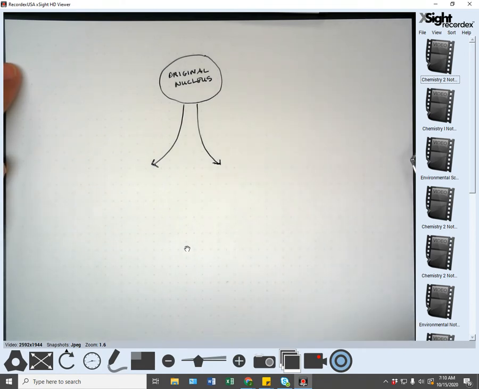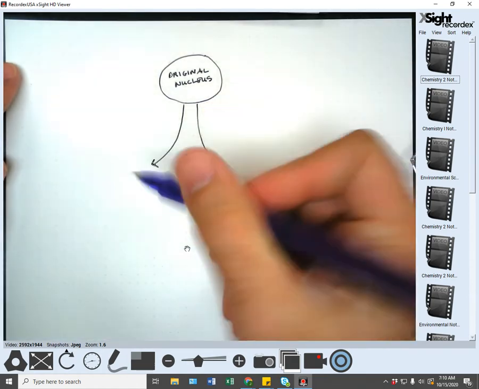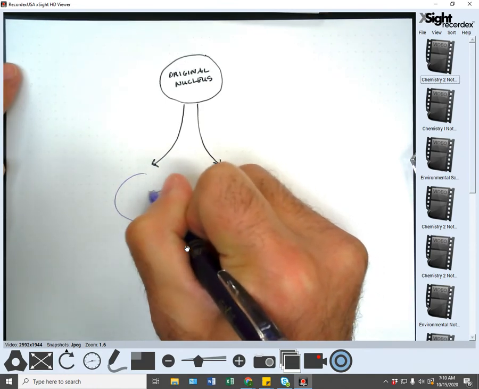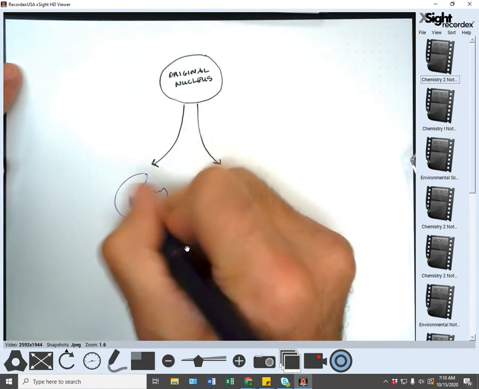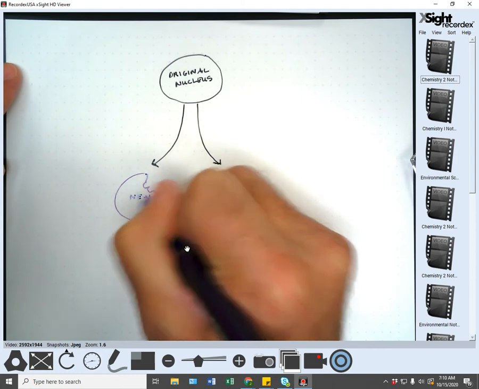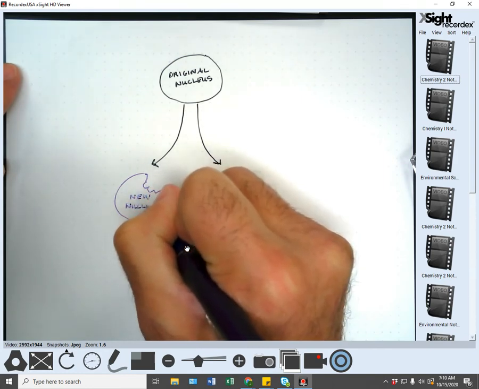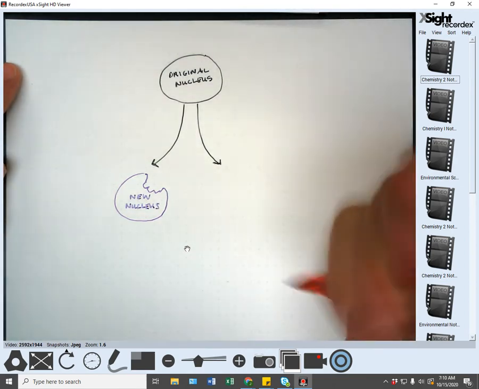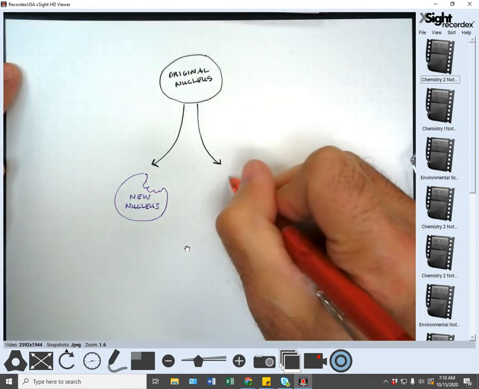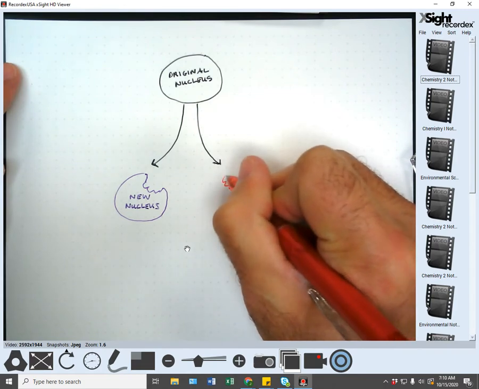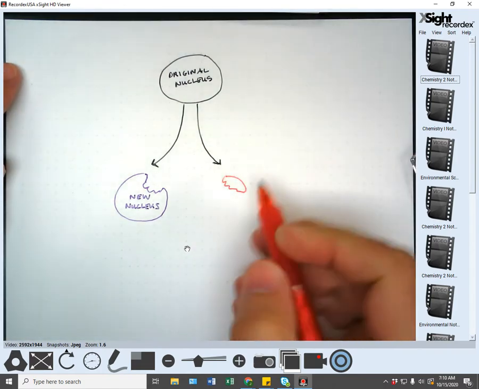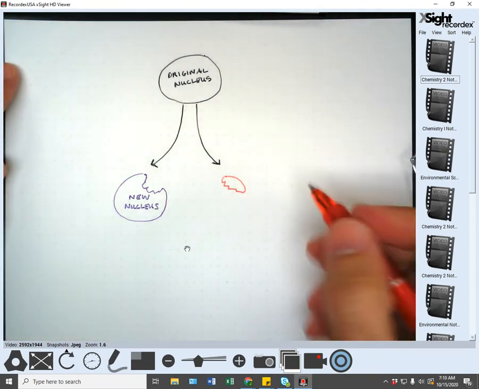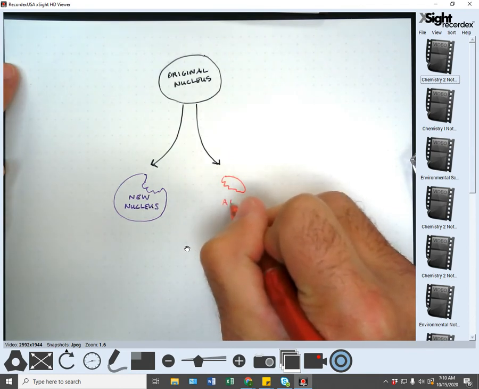So what you get is whatever's left behind, the new nucleus, which is a new element, and you get the chunk that broke off, which in the first case that we're going to talk about is the alpha particle.